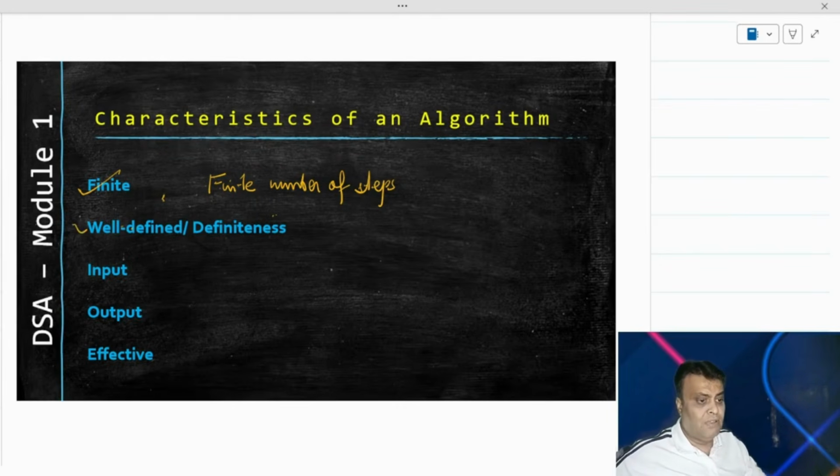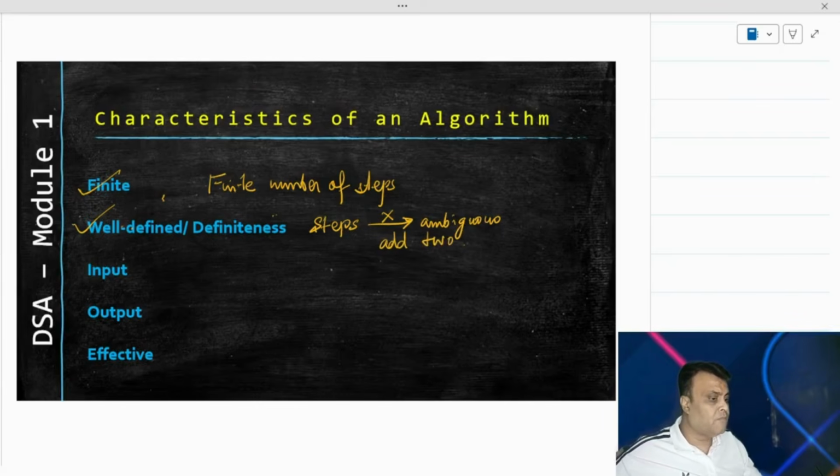Then we will have well-defined or definiteness as one more characteristic, which is basically saying that the steps should not be ambiguous. So if you tell me, let's say, add 2 numbers nicely, this nicely doesn't help to create a well-defined algorithm, right?